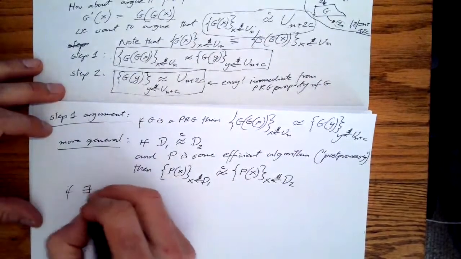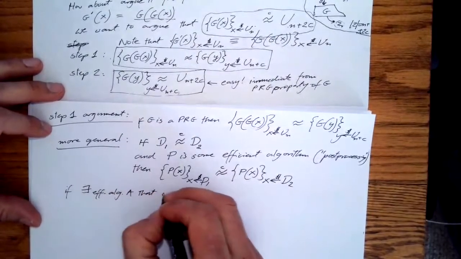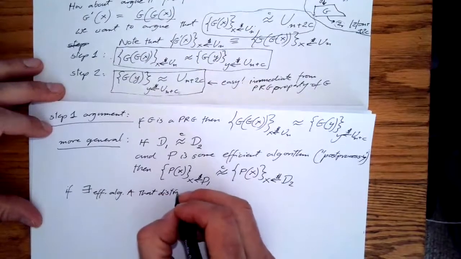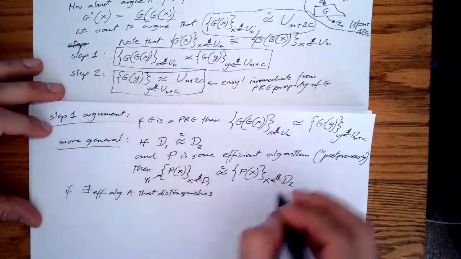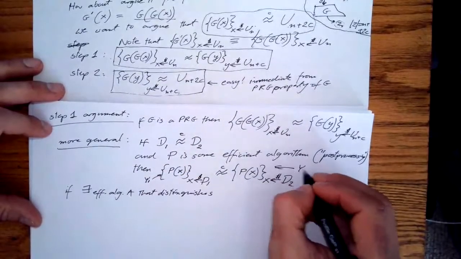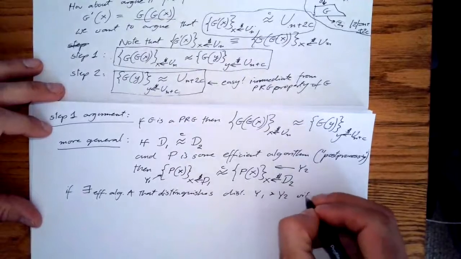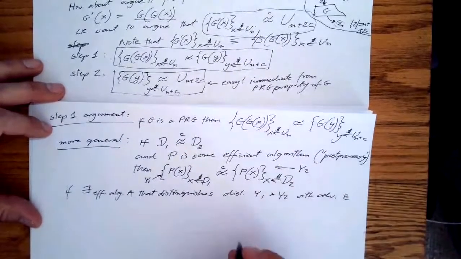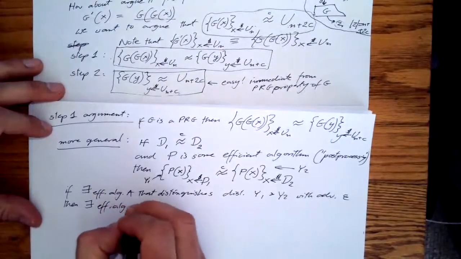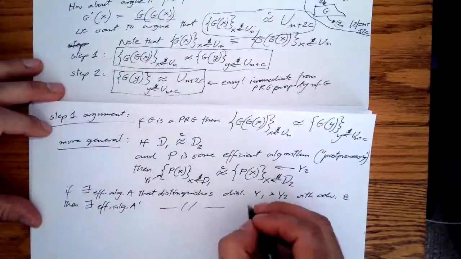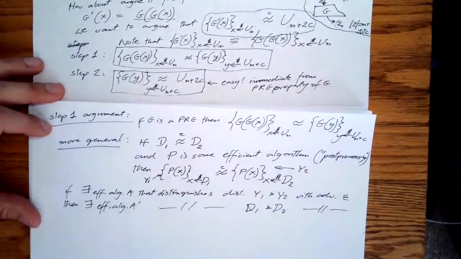If there exists an efficient algorithm A that distinguishes, let's call this distribution Y1 and let's call this distribution Y2, distributions Y1 and Y2 with non-negligible advantage epsilon, then there exists an efficient algorithm A prime that distinguishes D1 and D2 with exactly the same advantage.